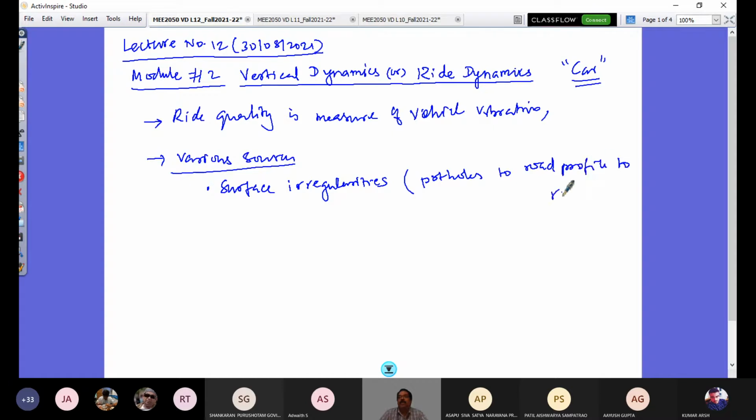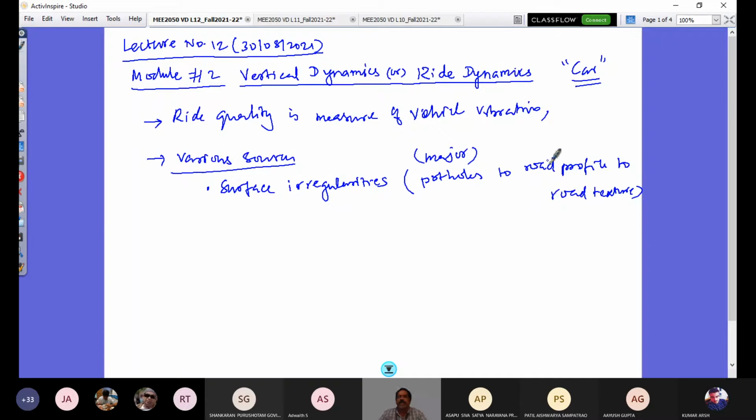This is the major source, because the vehicle is on the road, and the road surface can have certain potholes, discontinuities at railway bridges and so on. There are many irregularities, and then the surface profile and road texture, right?